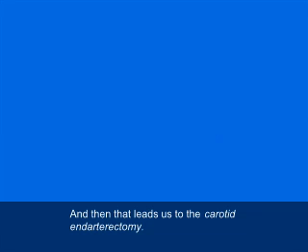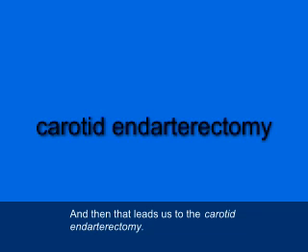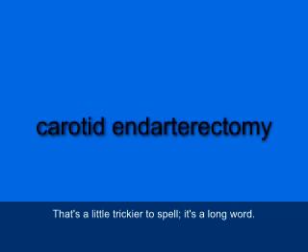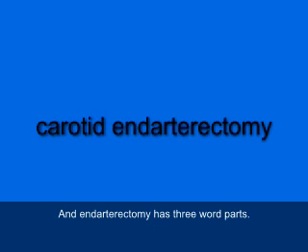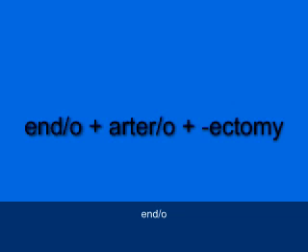And then that leads us to the carotid endarterectomy. That's a little trickier one to spell. It's a long word. Carotid refers to the carotid artery, which is a major artery that goes up through the neck up to the brain. And endarterectomy has three word parts: endo, arterio, and then our suffix ectomy.